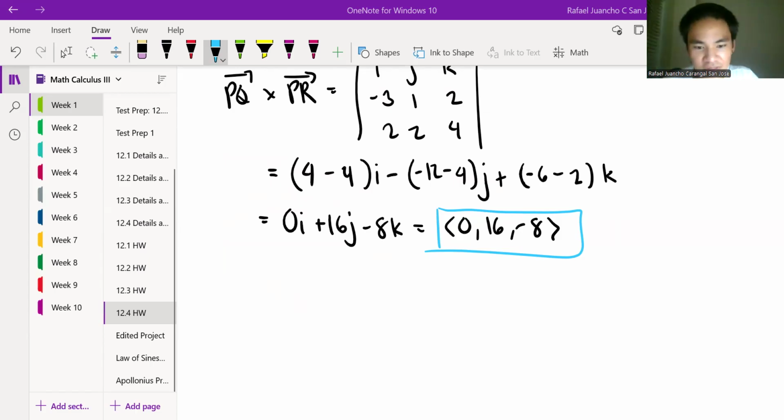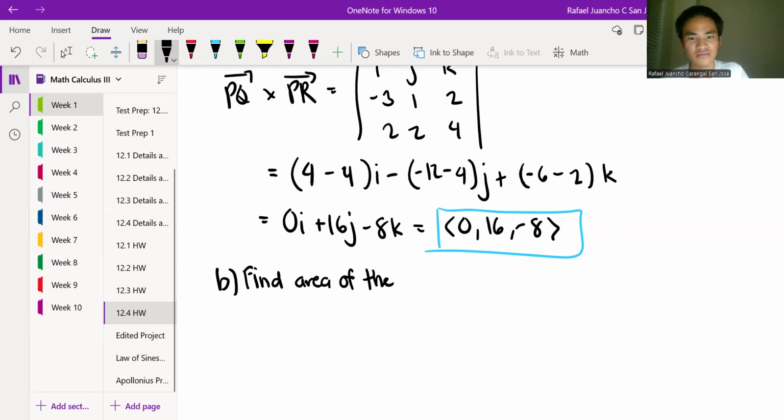Got it. Nice. Okay. Next thing we have to do is find the area of the triangle PQR. How do we do that? Well, we already have the vector, right?